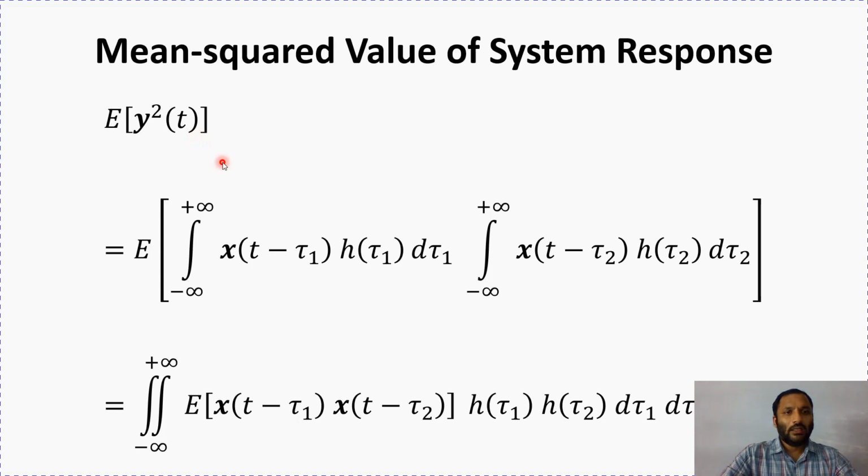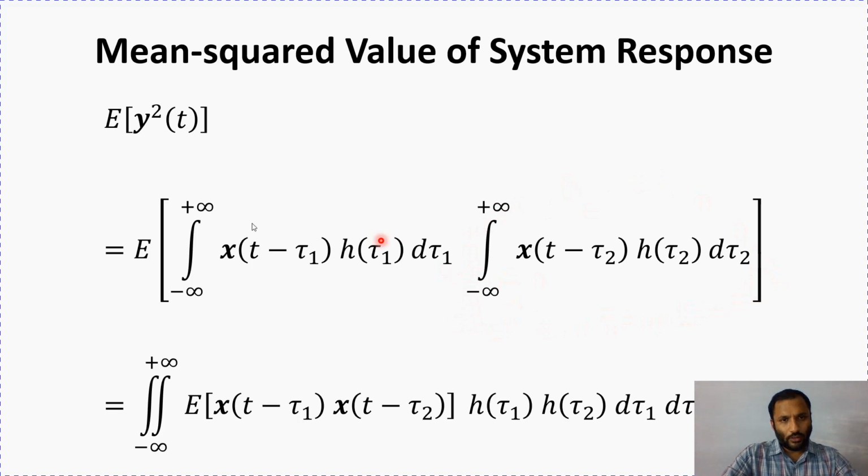Now similarly, substituting for y of t, my response of the linear system is given by the convolution integral. So for y square of t, I will write y of t times y of t. For the first y of t, I will substitute this integral with respect to variable tau 1, and for the second, I will substitute using this integral with tau 2.